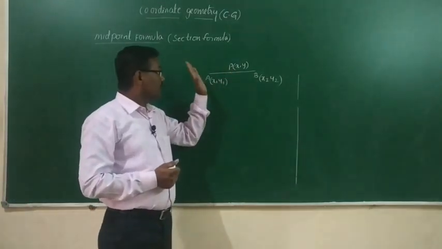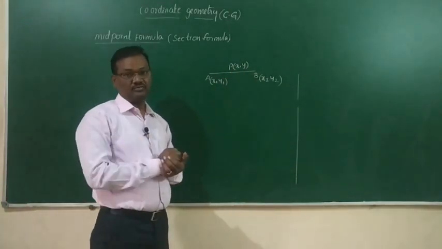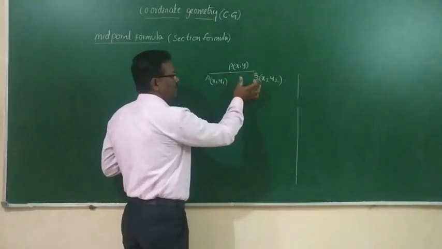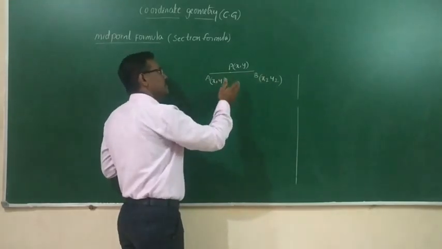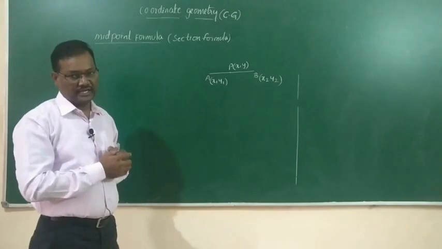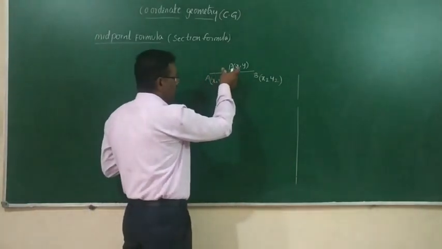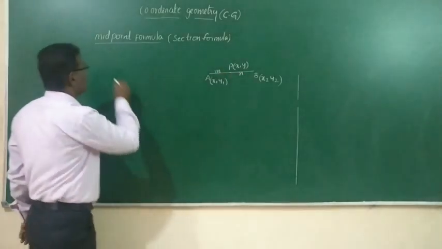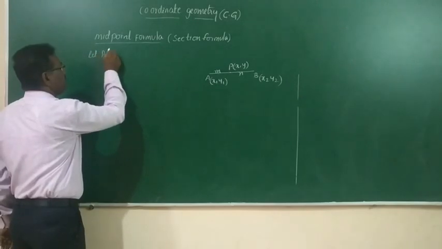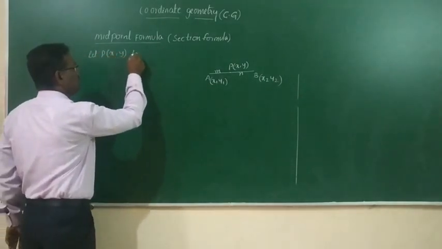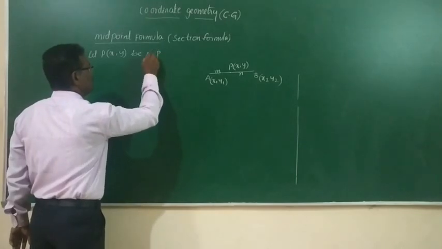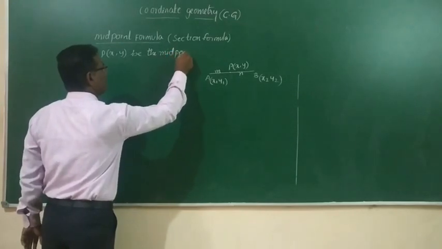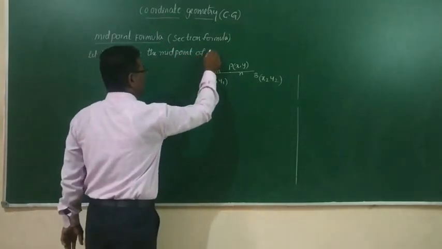But if P divides AB in the same ratio, for example AP is 3 centimeters and PB is also 3 centimeters, then P becomes the midpoint. Therefore, the ratio will be the same when I take m as well as n. Here, let P of x comma y be the midpoint of AB.